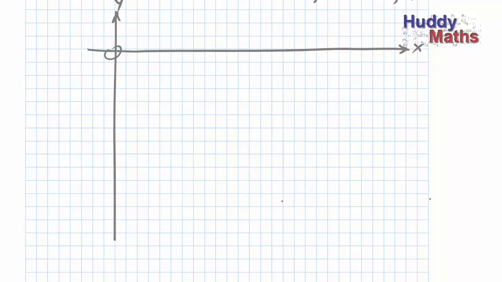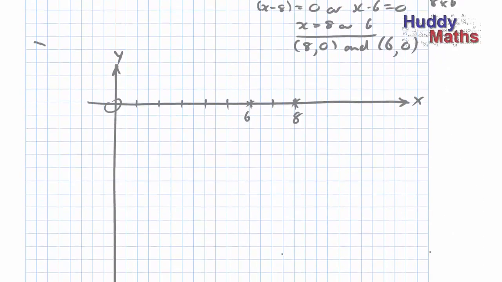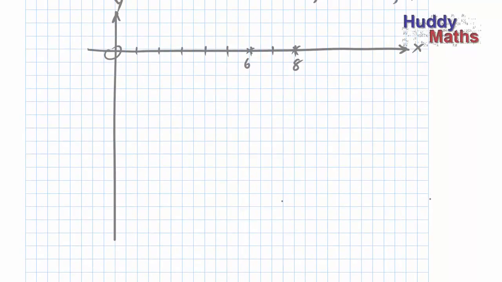So here we are, 6 and 8, so let's go: 1, 2, 3, 4, 5, 6, 7, 8. So 6 is here, and 8 is here, and they are our x-intercepts. And I think I've already made a mistake, because if I remember rightly, it's plus 48, not neg 48.